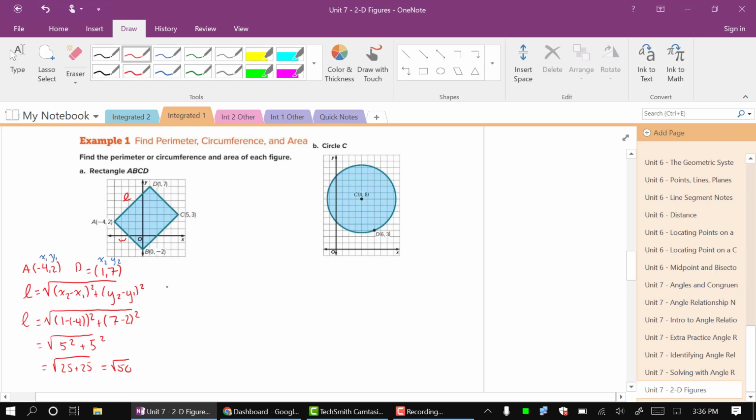So now let's find the width. So for width, we're going to use, again, A, which is -4, 2. And this time we're going to use B, which is 0, -2.